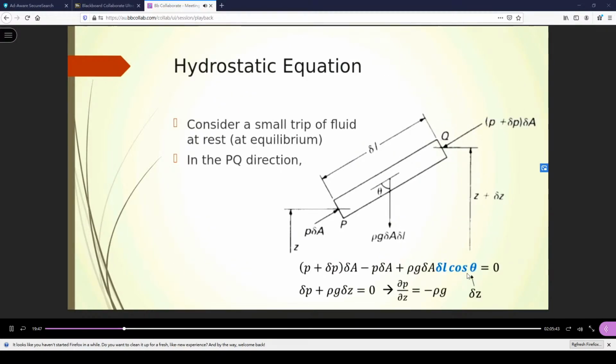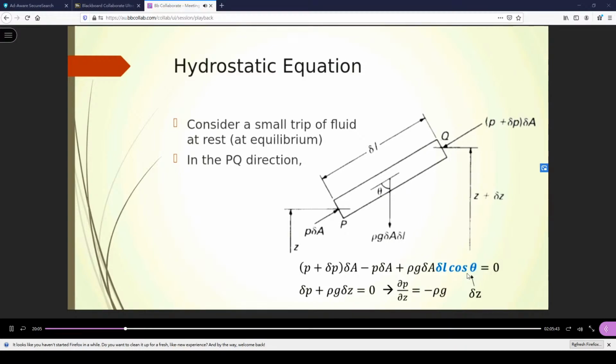Okay, wow, it came very quickly, right? Hydrostatic equation. Last week I showed you the equation of state and then the viscous force, and this is the third very important equation that you have to remember.